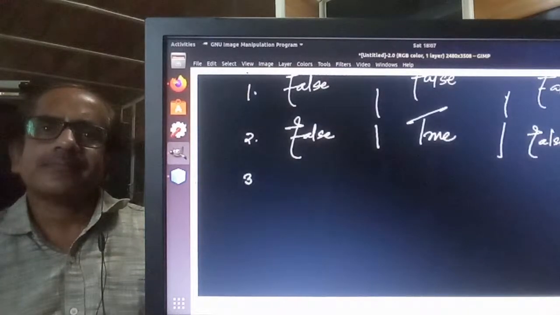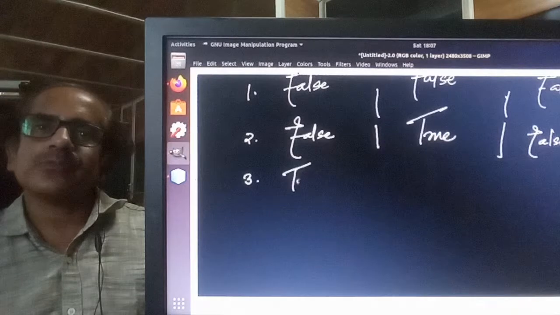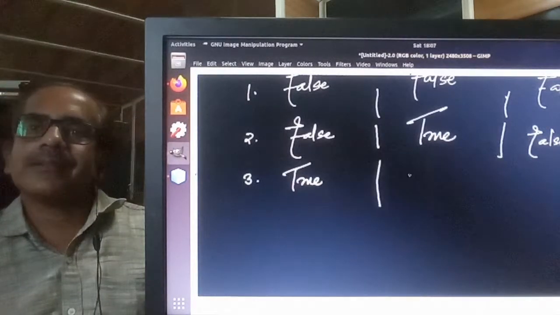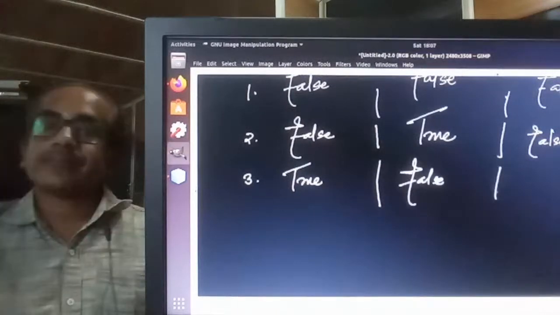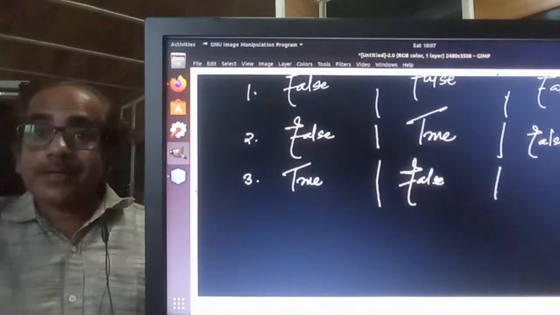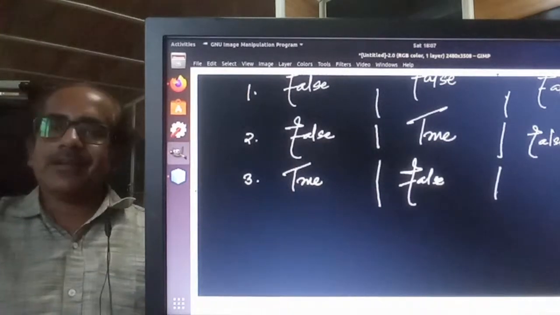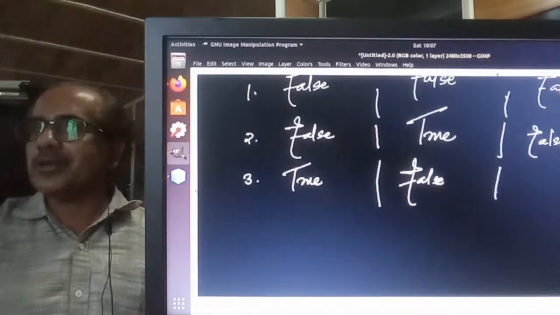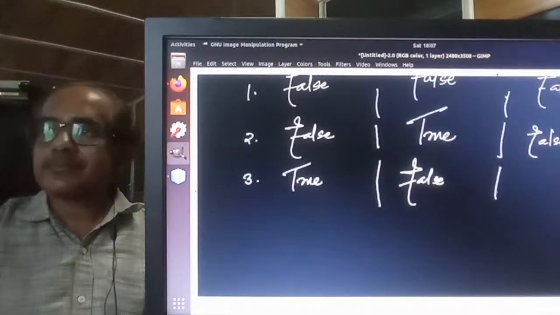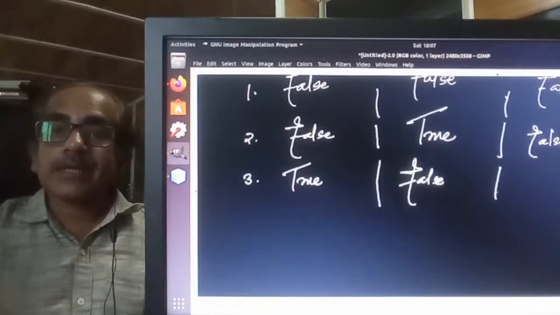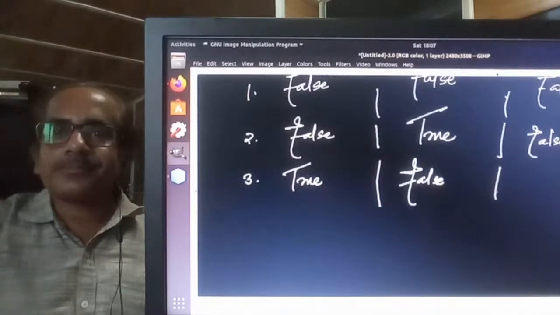Third is, this is true and this is false. It is the day of Saturday, but as soon as I come here, someone tells me that आपका OFC का केबल कटा हुआ है. Net connection is not working properly.